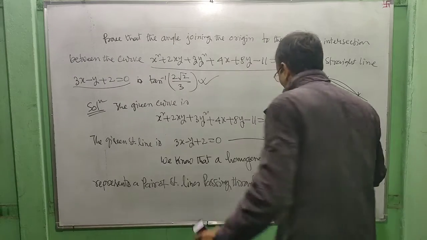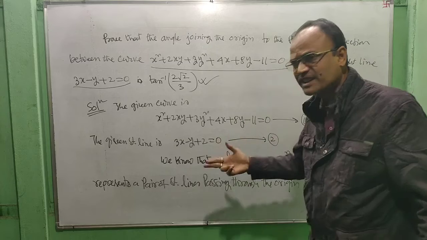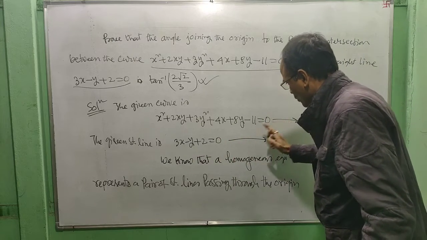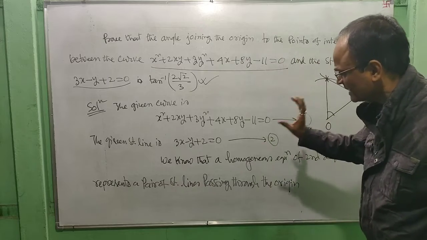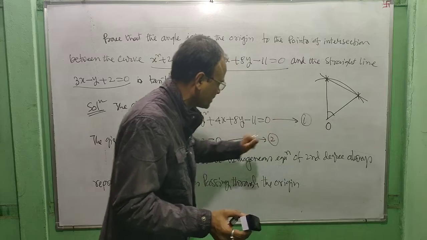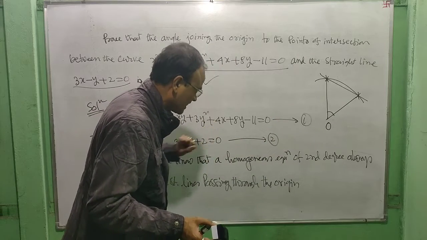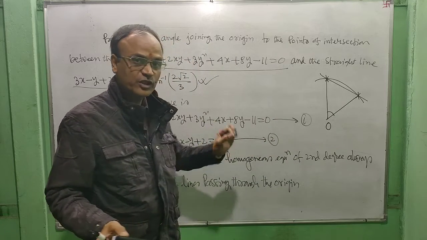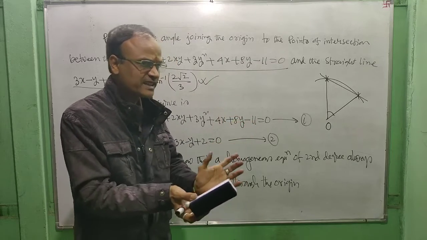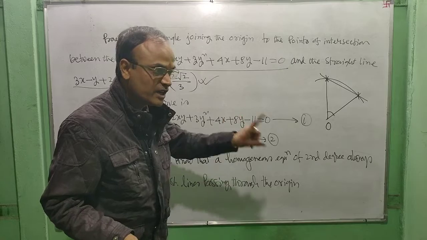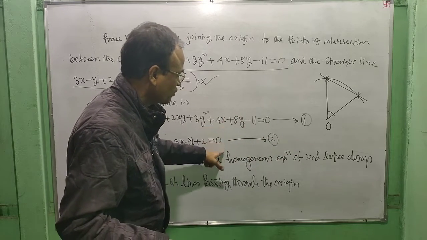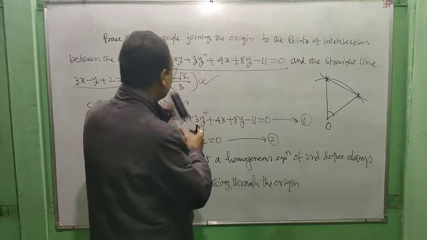Now, we are going to construct a homogeneous equation of second degree using 1 and 2. That equation will definitely represent a pair of straight lines passing through the origin to the points of intersection between 1 and 2.